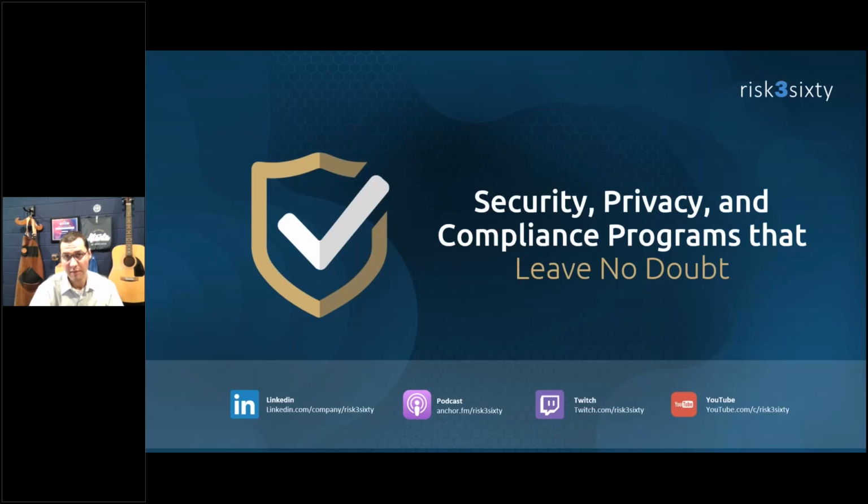Pretty much all those controls have been moved into 27701. There's a mapping within one of the annexes for 27701 that tells you exactly which controls from 27018 are now in 27701. But I believe ISO is looking to move organizations to 27701 in a full privacy management system.